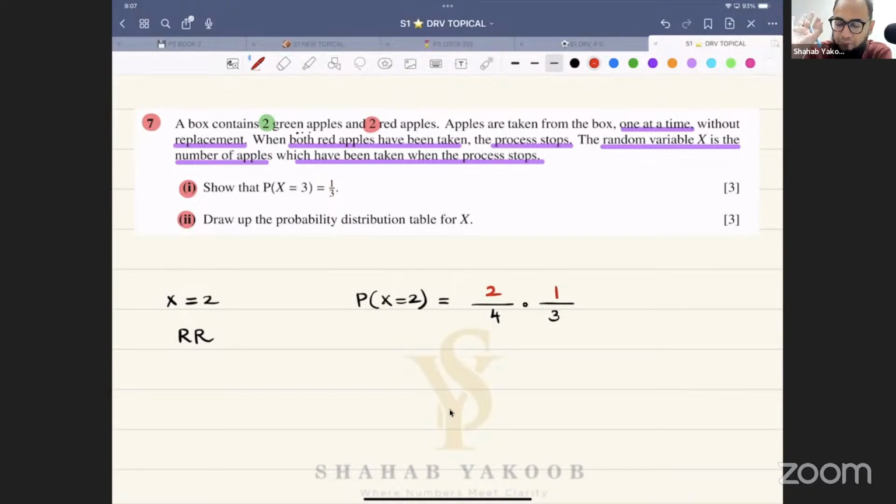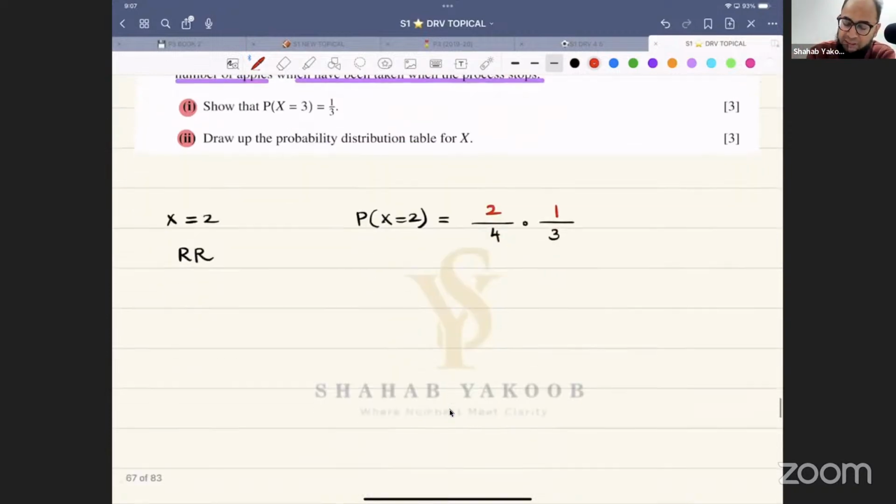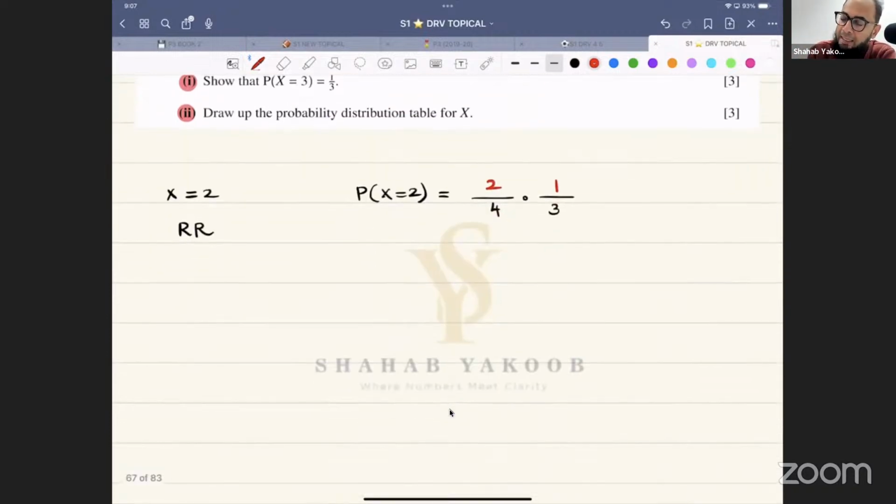Simply write it down. Is there any other possibility in which you can have both red apples? Of course, there are many. But this is the first one for 2. That means you're lucky, the first 2 apples are red. Let me write down the possibilities for x is 3, when you are taking 3 turns and you get the 2 red apples. Now let me write some scenarios.